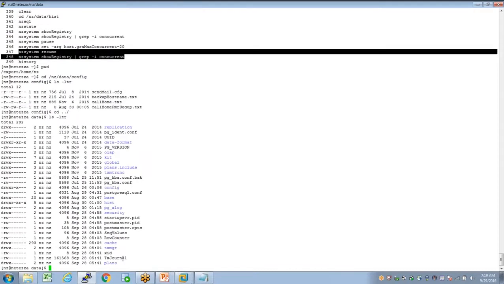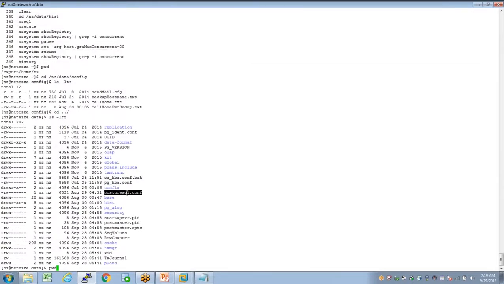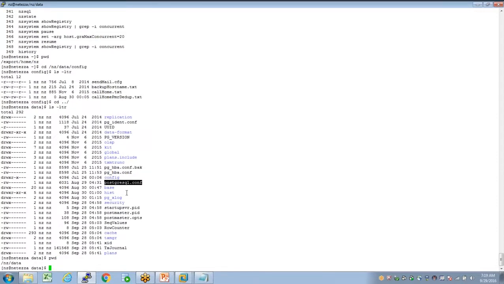Only when you change something in the Postgres configuration file do you have to bounce your instance. For the remaining parameters, at a host level, system level, or system manager level, you don't have to bounce your instance.